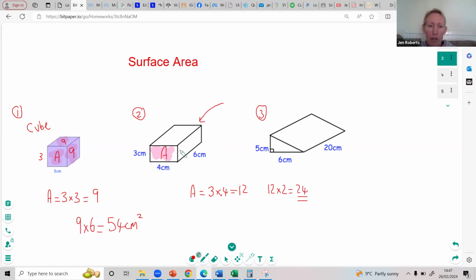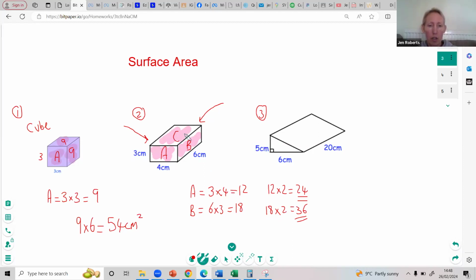So now let's have a look at this side face here. We call it shape B. That rectangle has a base of 6 and a height of 3, which is 18. Now that face is exactly the same as that side one there. So I'm going to double it. Okay, now we've got 2 faces, 2 faces. We need this top face, which is the same as the bottom face.